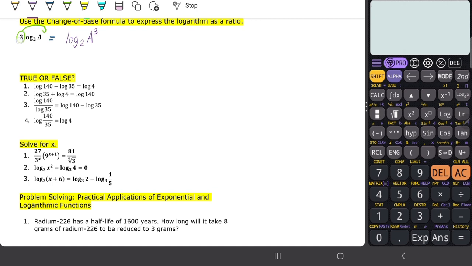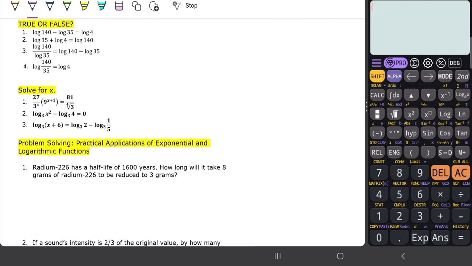Okay? So yung numerical coefficient na 3 naging exponent ng ating argument. Okay? By change of base formula, so we can write this as log of a cube divided by log of 2. Okay? So yan na yung ating ratio.